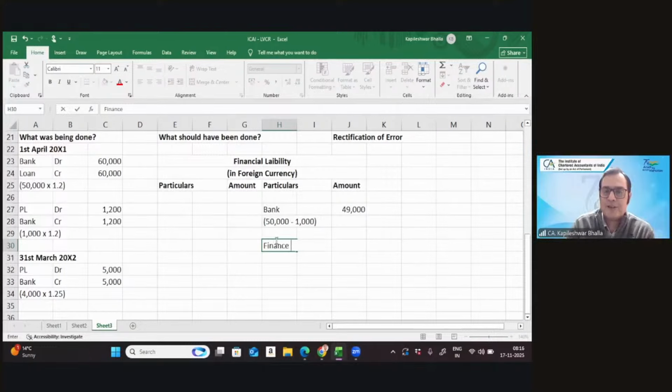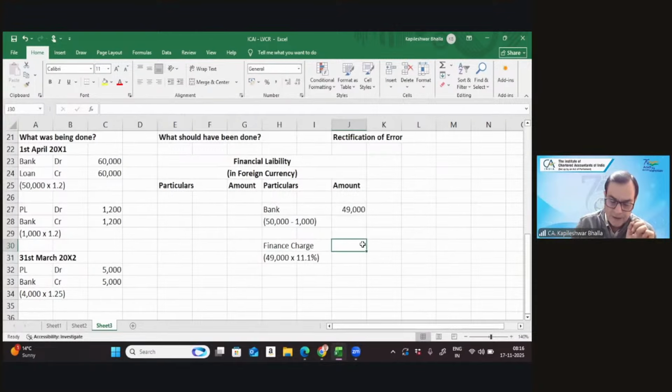The EIR is already defined. That's right, 11.1%, you're absolutely correct. So we are given the finance charge on this 49,000. There is an 11.1% EIR. Let's calculate: 49,000 into 11.1%, that's approximately 5,439.